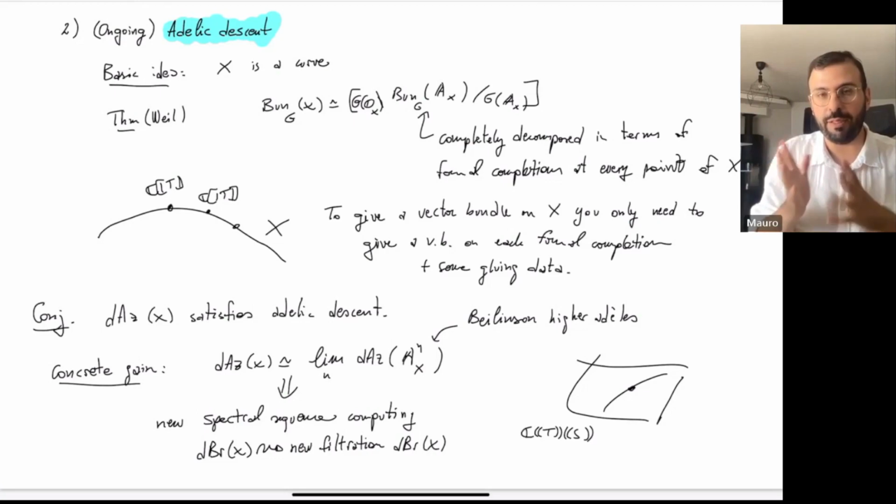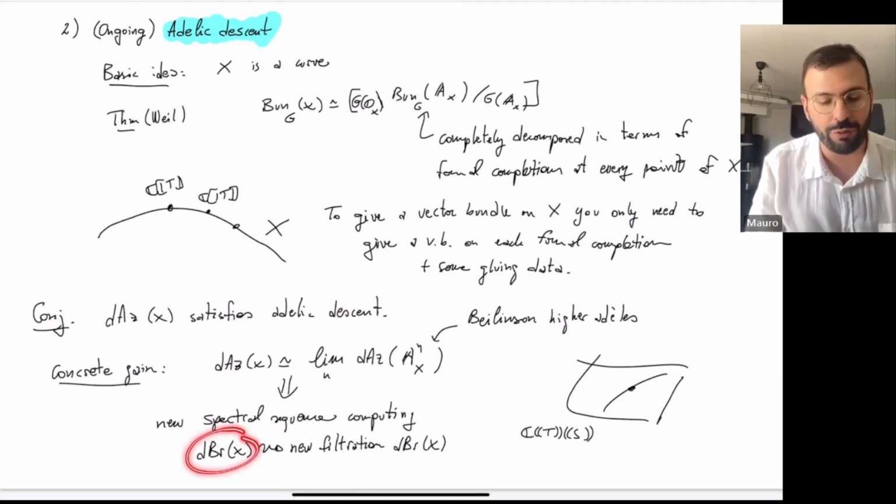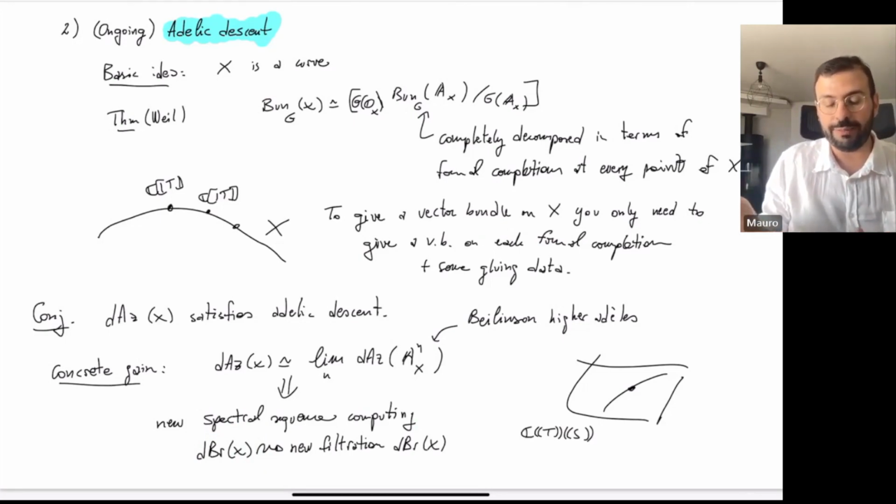So it gives some concrete control on this group. It allows us to study it, and also when we get to sufficiently high dimension, I think it was from dimension 3 on, there is no reason for this spectral sequence to degenerate at the early stage.